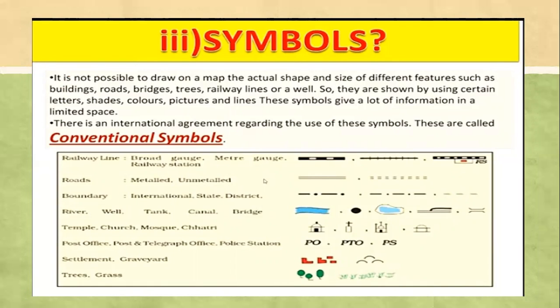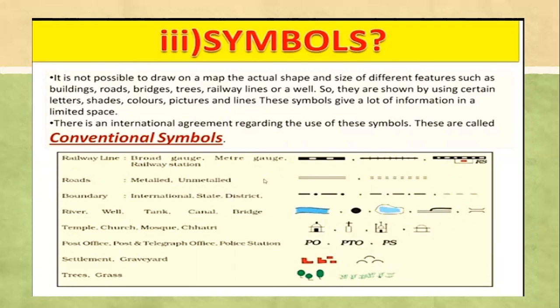Let us proceed to our next topic, which is symbols. Symbols means, you all know that in different places, cities, urban, rural, everywhere, there are different places and things where you get confused.